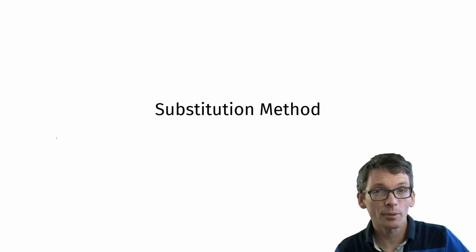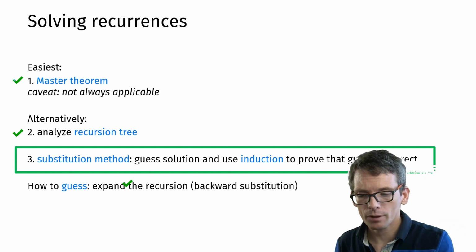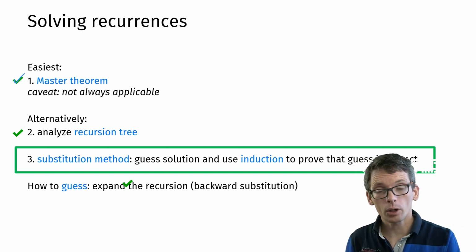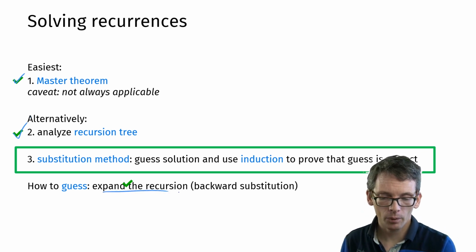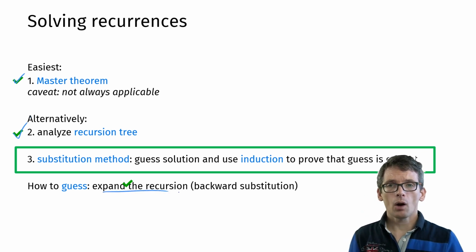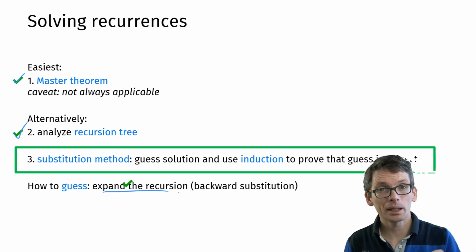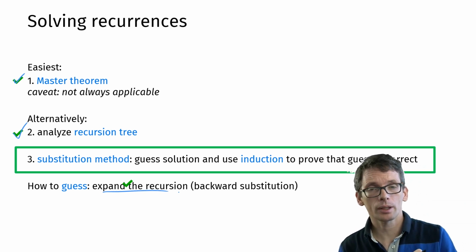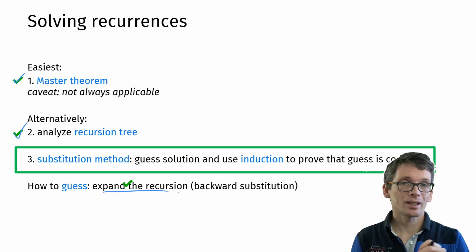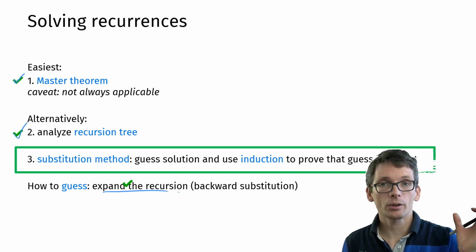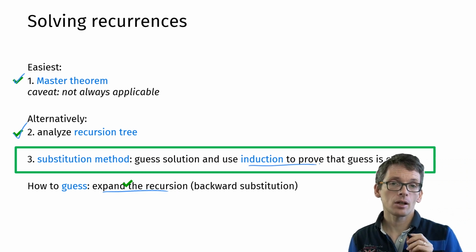Finally, we have the substitution method. So once more, where are we standing now? We have the master theorem. We have recursion trees. We have seen what it means to expand a recursion. Now, if the master theorem doesn't apply, and if we can't quite pin down the running time using a recursion tree, then as a last resort, we can try to simply write down what we think the recursion is and prove that it's actually the right answer by using induction.